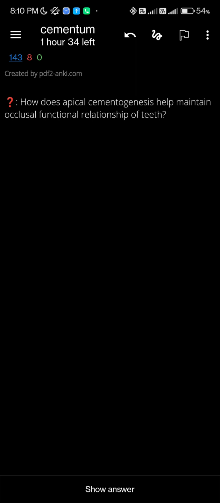How does apical cementogenesis help maintain the occlusal functional relationship of the tooth?